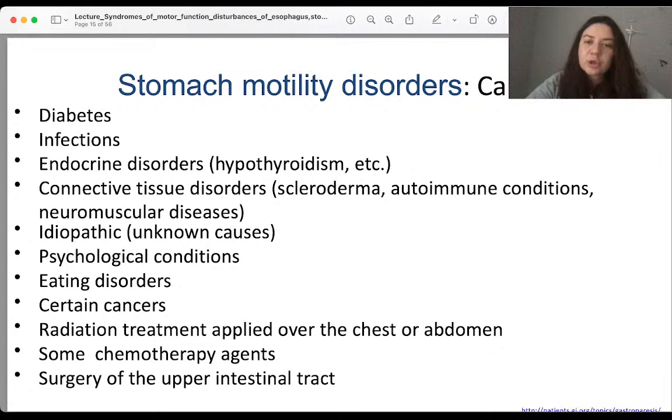Different psychological conditions like depression and psychiatric diseases can lead to stomach motility problems. Also eating disorders, certain cancers, radiation treatment applied over the chest or abdomen, some chemotherapy agents, and surgery of the upper intestinal tract.